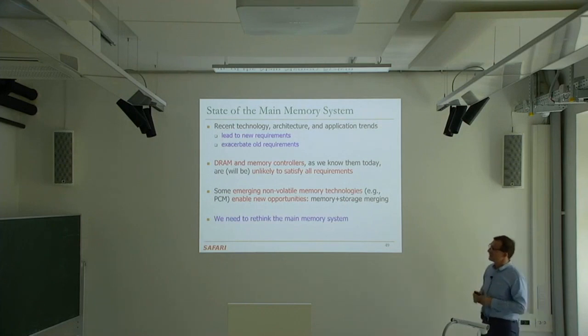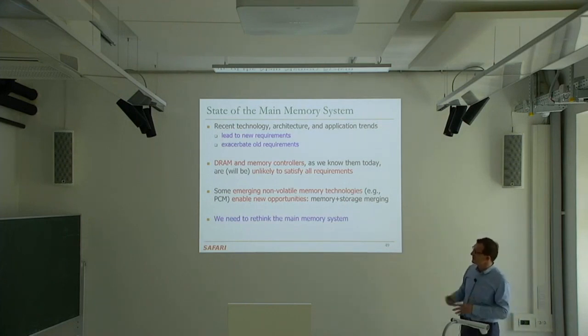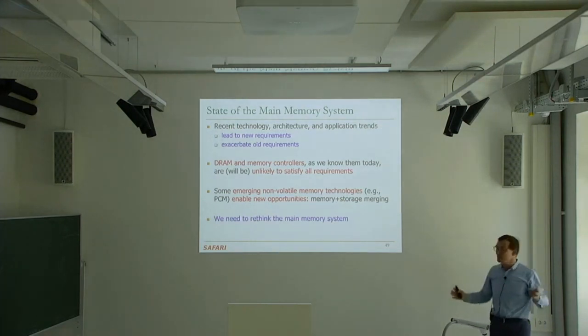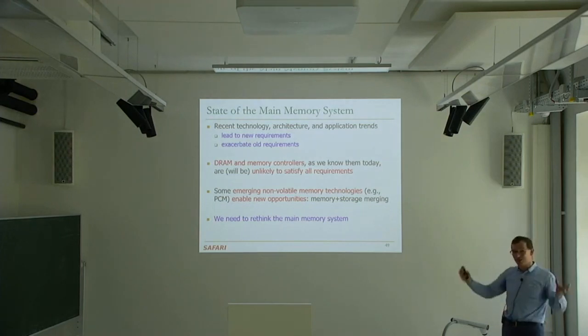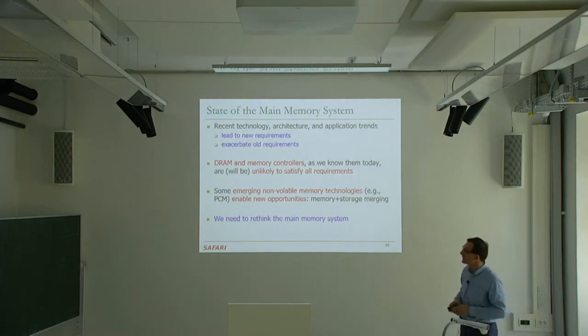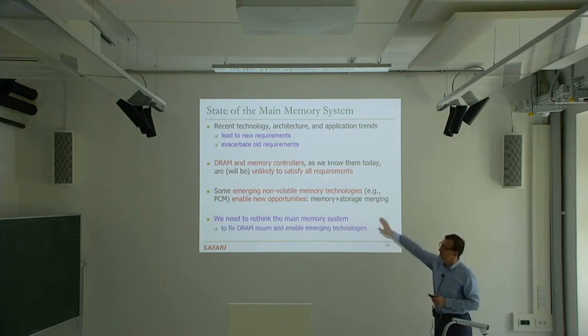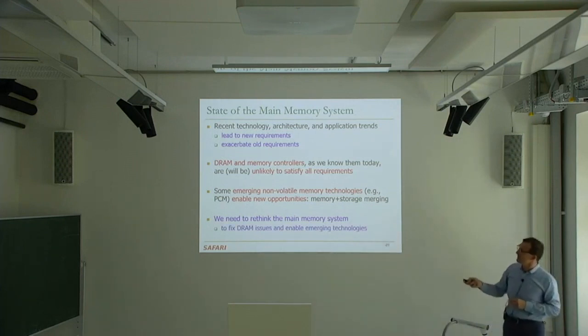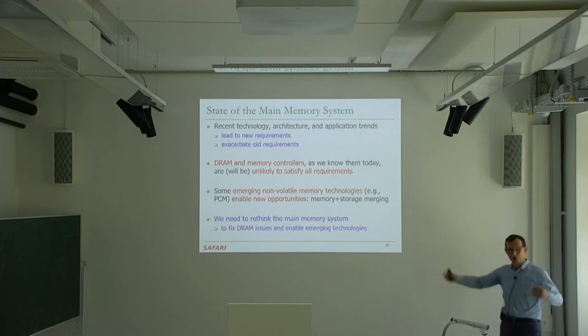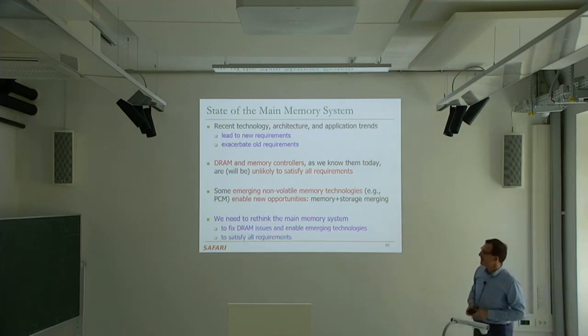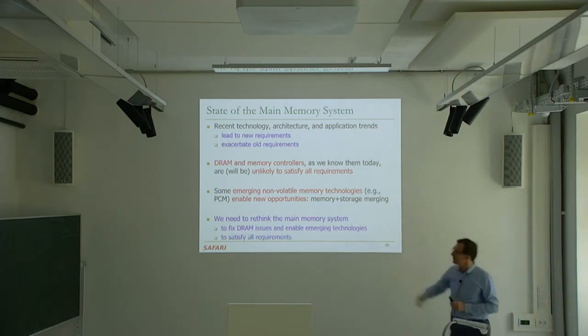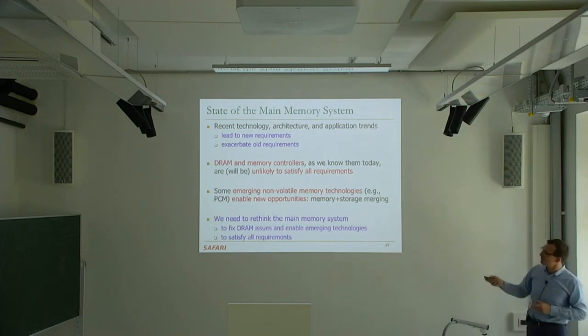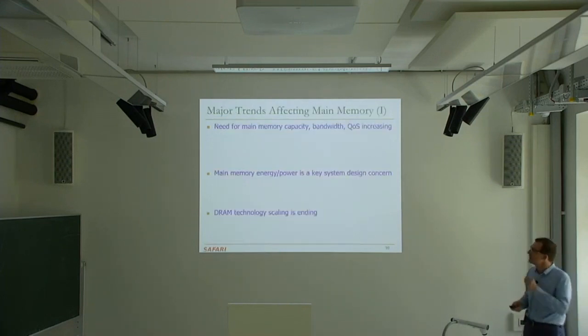Given these, we need to rethink the memory system and the systems we're designing around the memory system, because today we're designing the systems around our memory system to fix the issues we're having with DRAM and to enable at least one of these emerging memory technologies, but the more the better, I think, while satisfying all the requirements. So in this course, hopefully we're going to cover all of this and more.